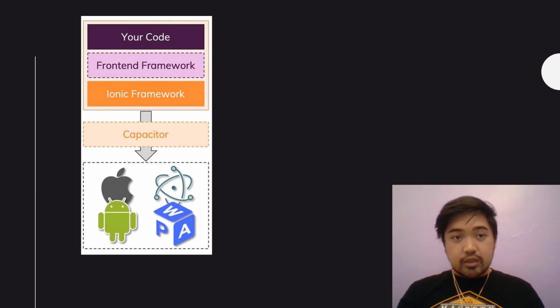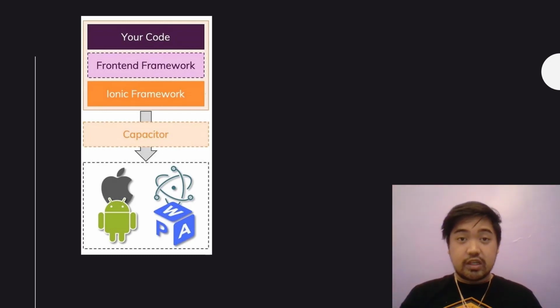This is the visual representation of the process of creating an Ionic project. So first, we need to have our base application or our web app, so your code. And then, it is optional to have, but I highly suggest na gumamit tayo ng front-end framework para mas madali na lang din tayo makagawa ng design natin. Then, we do have Ionic framework.